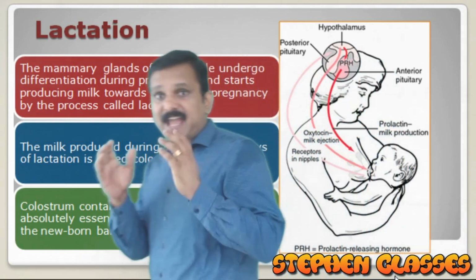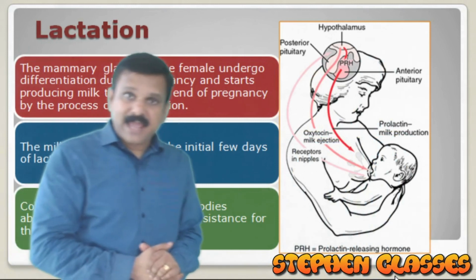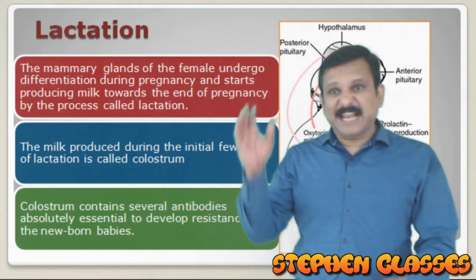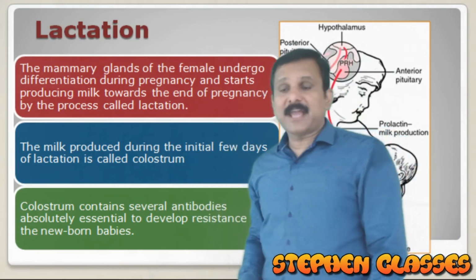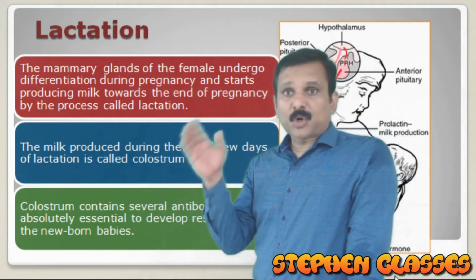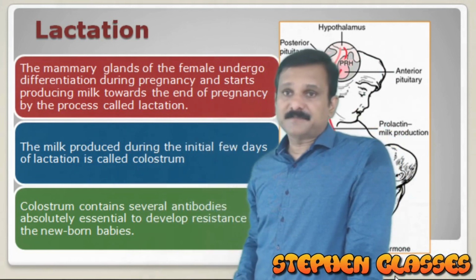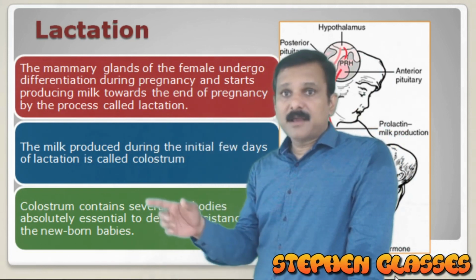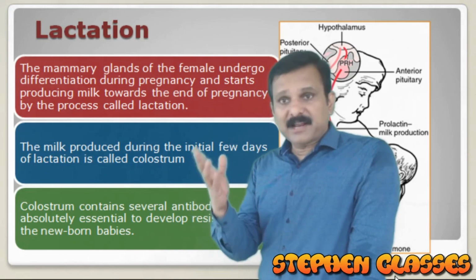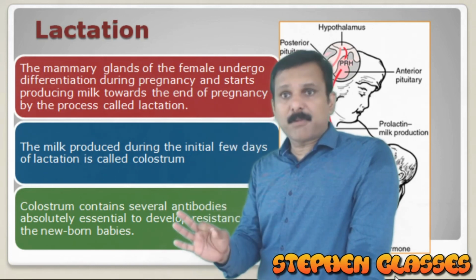Mainly, antibody A or immunoglobulin A will be present in colostrum. So that is why doctors insist that we should give the first milk to the newborn. So colostrum is very important. So feeding of the young one during the initial days after delivery is very important.